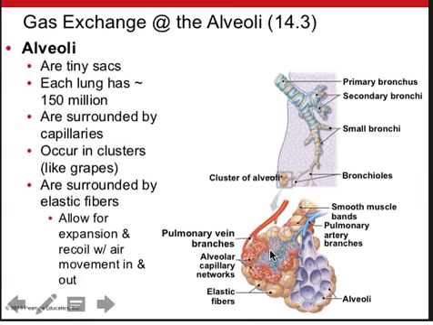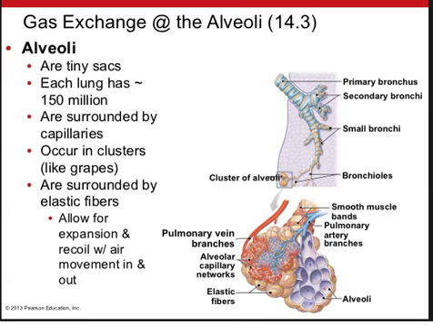And that means that the layer is very, very thin. And anything that interferes with the thickness of that layer, making it more thick, is going to impede gas exchange, and the result is going to be a problem with the efficiency of respiration.